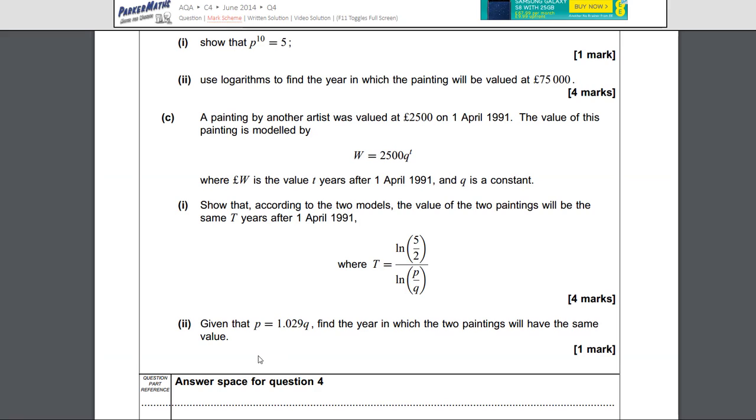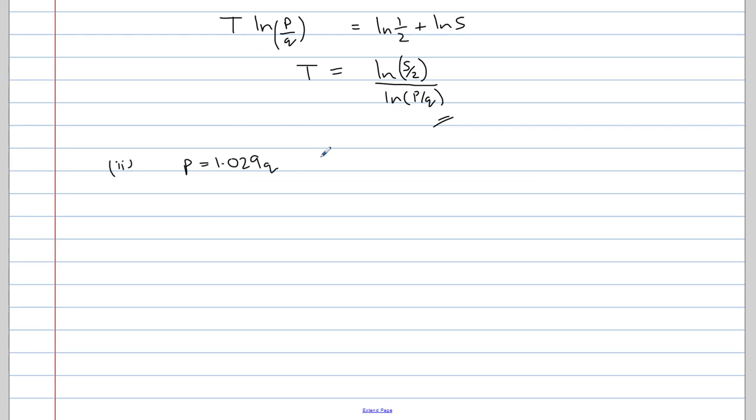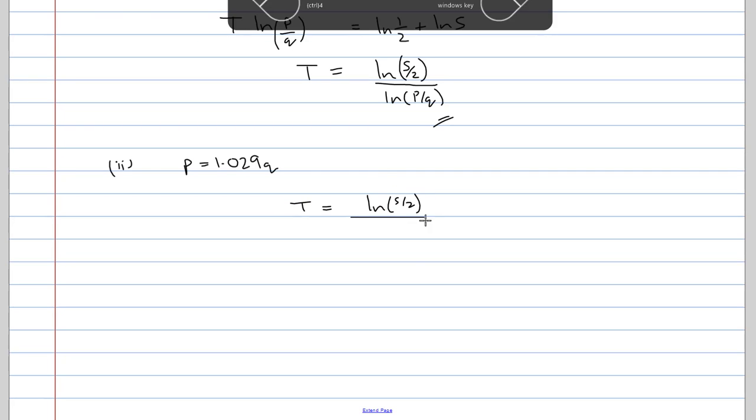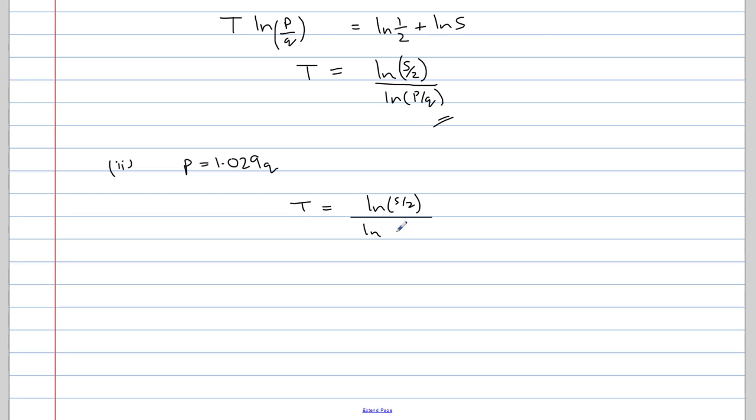In the final part of the question, it says, given that p equals 1.029q, find the year in which the paintings will have the same value. So subbing that value into here, I get t equals log 5 over 2 over the log of 1.029q over q.